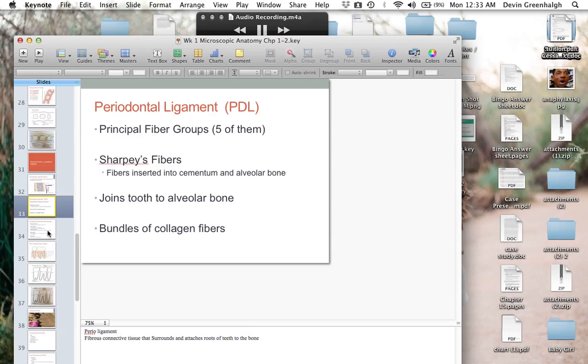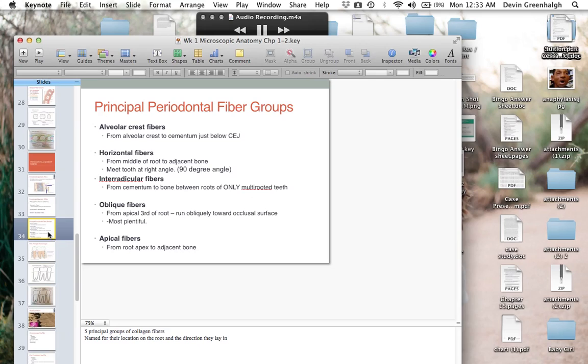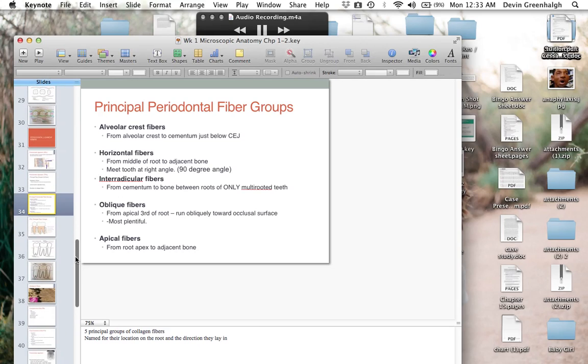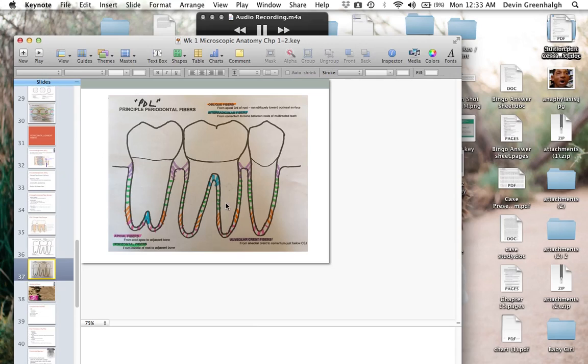Okay, let's talk about the different periodontal fiber groups. There's 5 of them. You have alveolar crest fibers, which connect the alveolar crest to the cementum. You have horizontal fibers, which connect the middle root of the tooth to the gingiva, and they meet the tooth at a right angle.